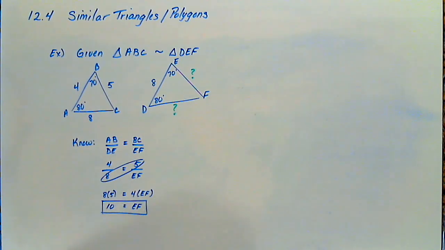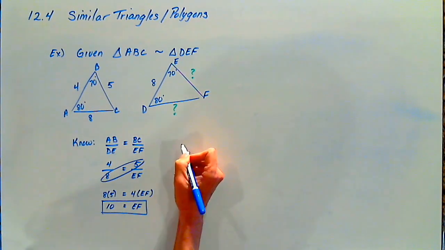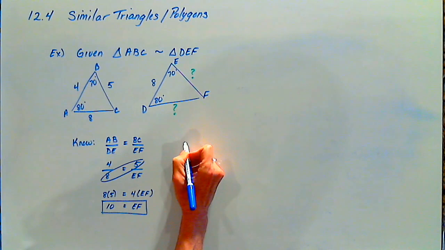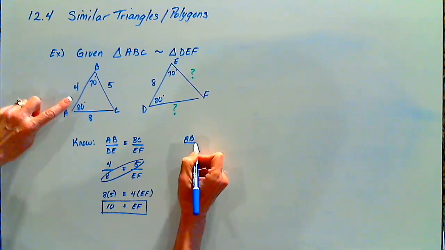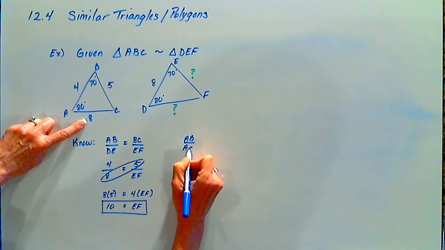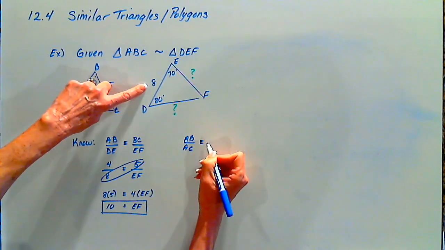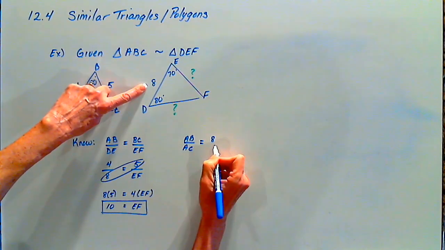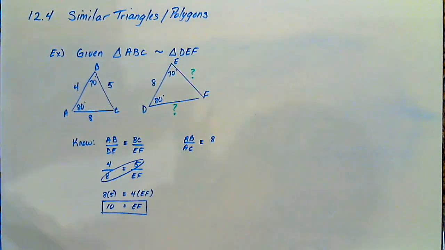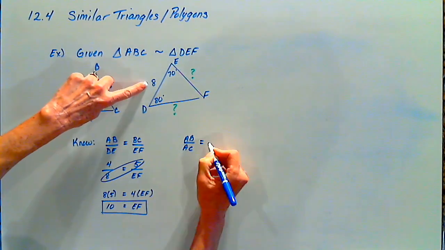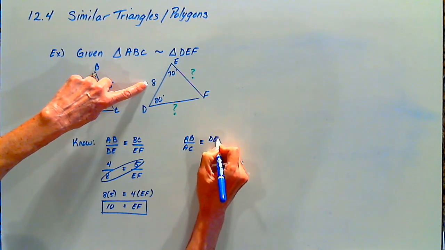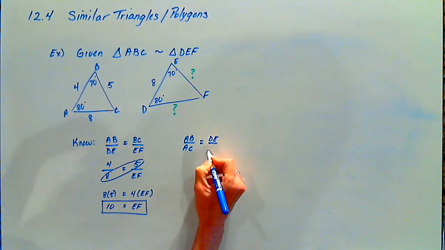I can set up the same proportion because they're similar. So I can say the same thing. AB is to AC as DE is to DF.